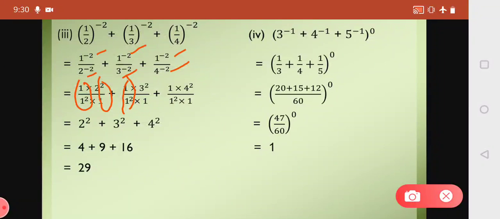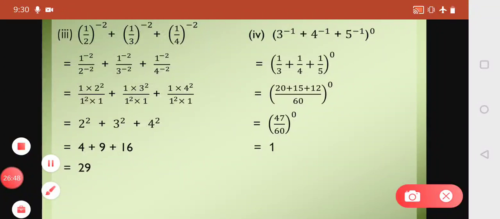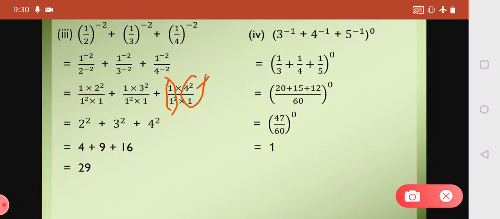Again 3 square will come up, so we will get 3 square upon 1. Similarly, for 1 raised to minus 2 the reciprocal is 1 upon 1 square, and for denominator 4 raised to minus 2 the reciprocal will be 1 upon 4 square, where 4 square will come up and 1 will be written as down. Here you can see.